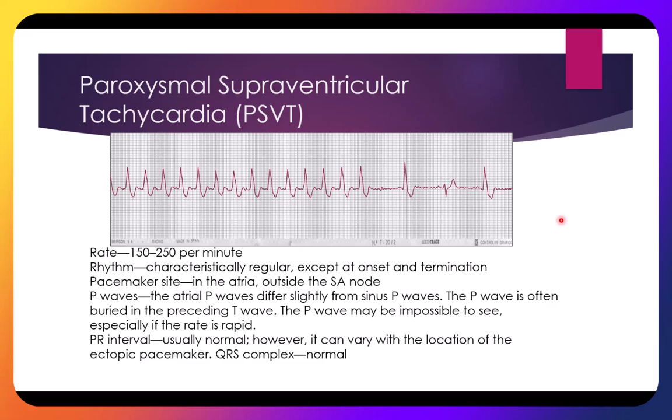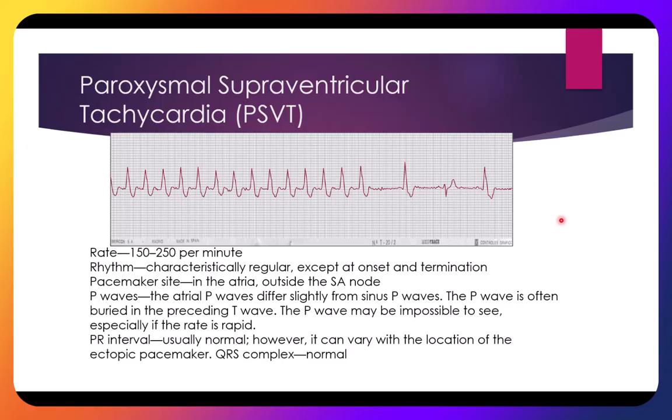Now, if you don't have a P wave, you're not going to be able to measure a PR interval, even if we're working off the assumption that it is within the T wave. But if we do see a P wave, it can be normal or it can be very narrow, okay? Again, depending upon where that pacemaker site is and how close it is to the AV node.